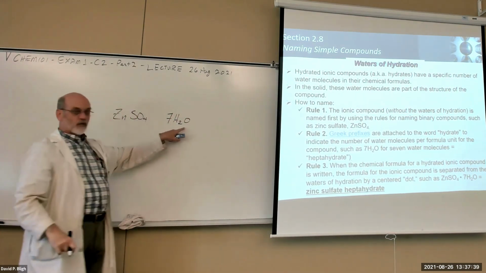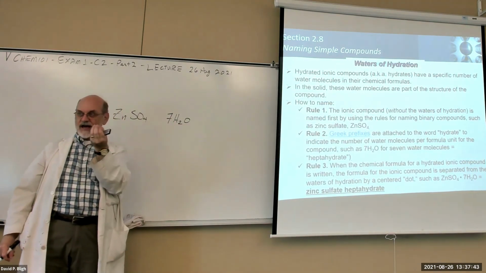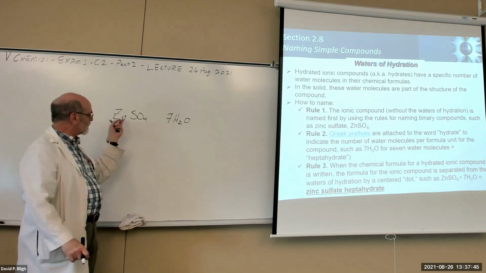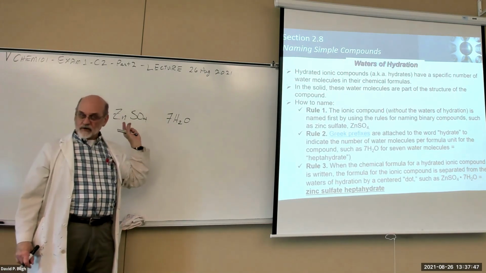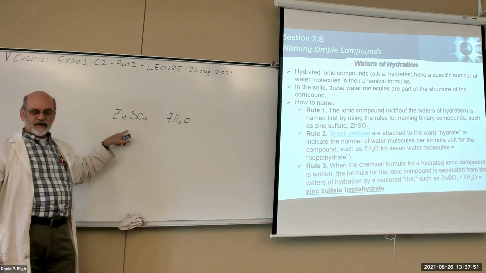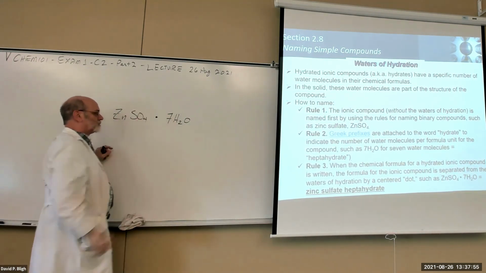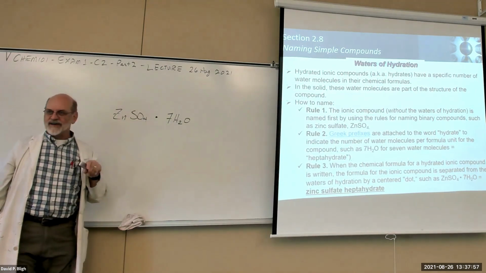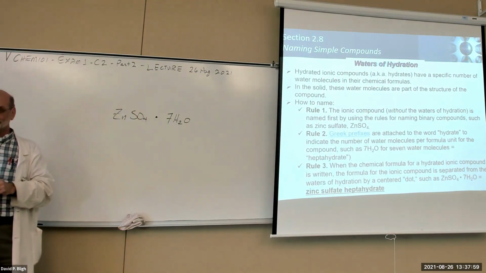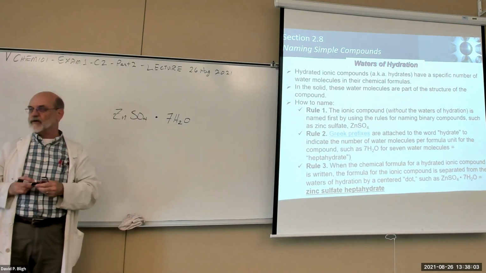Now, we don't write the waters in here because these water molecules are entire entities. They're not mixed into that formula. They're in the crystal structure, but they're not part of this ionic compound. So we just put a dot right there. These are called waters of hydration. They're distinct water molecules in the crystal structure.